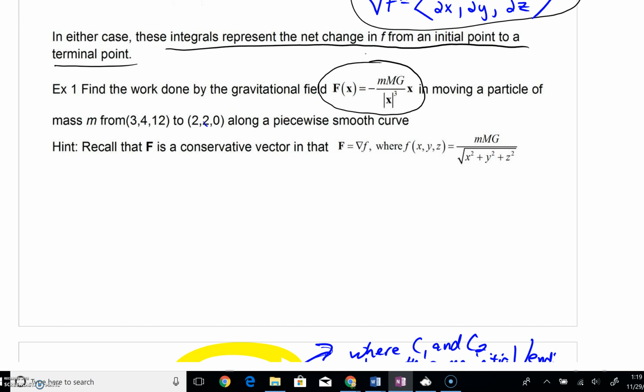So as you're moving a point from a starting point at 3, 4, 12 to 2, 2, 0, you might wonder if we could perhaps work this thing out.